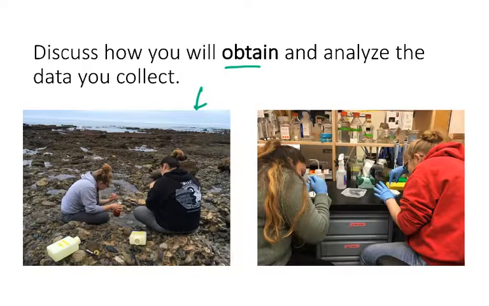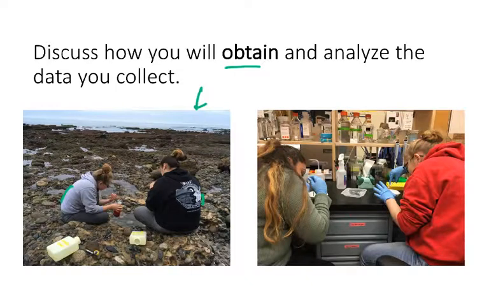These images are both of two of my undergraduate students in the lab, Amanda on the left and Lisbeth. On the left picture here, this is actually us collecting some C. funebralis snails in Bird Rock, one of those Southern California collecting sites. So for our studies, one of the first things we need to do is actually get the animals from the field. So that's one component of obtaining data, physically getting the samples.